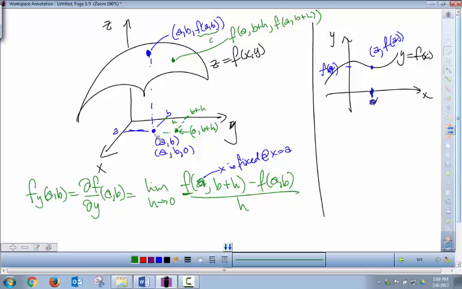And remember that h is this distance over here. So what I've eventually found is the slope of this line segment by holding x fixed at a.